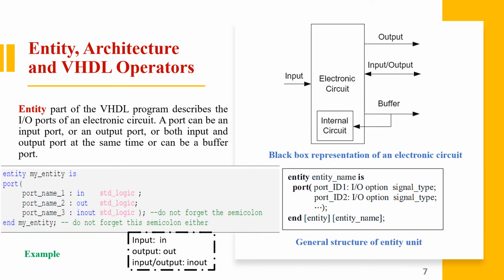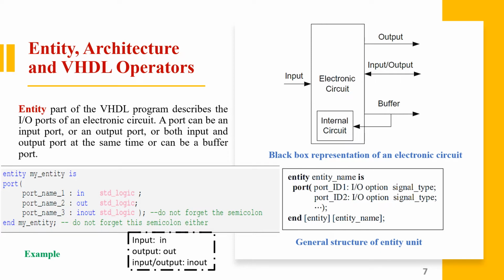For example, if you want to write a port entity for the black box of an electronic circuit, as you can see, you have one input, one output, one input and output, and one buffer.